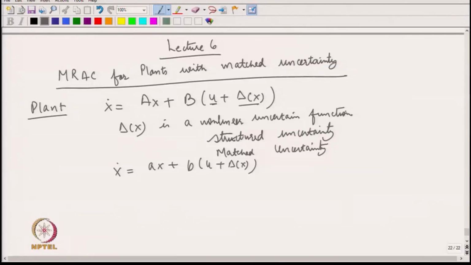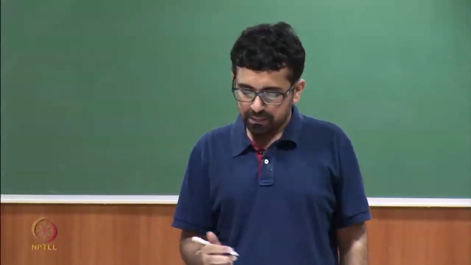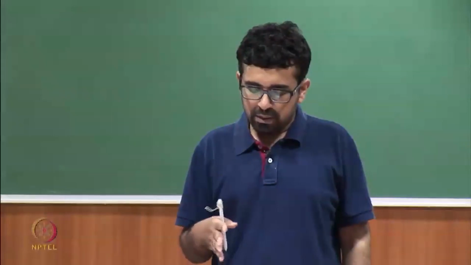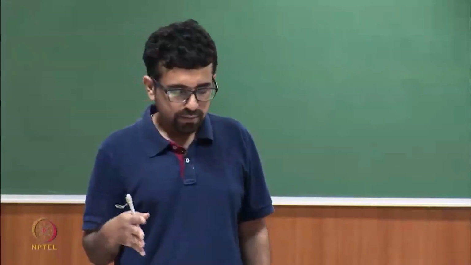Okay, so as I mentioned, we assume that delta of x has a structure, and it also has a very special structure which is called linear parameterization. So, delta of x is given as theta transpose phi of x. So, it is a linear combination of basis functions. These basis functions phi of x are known, the weights with which these basis functions are combined are unknown and given by theta.